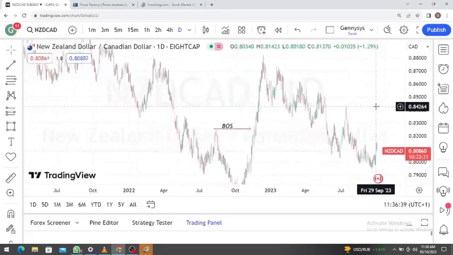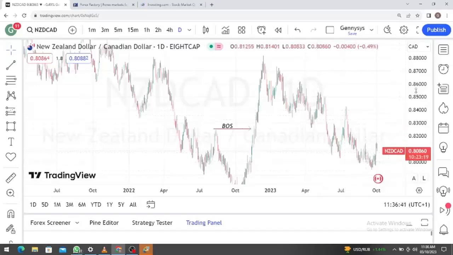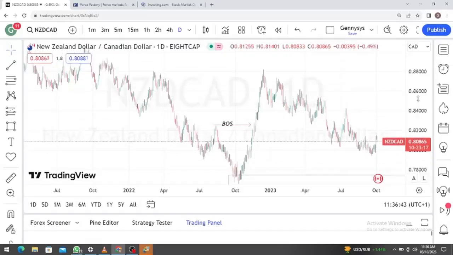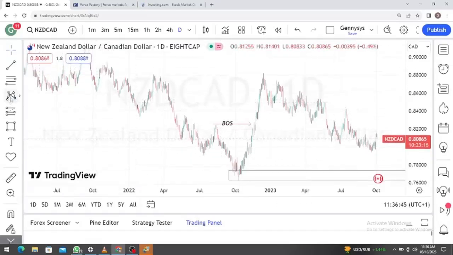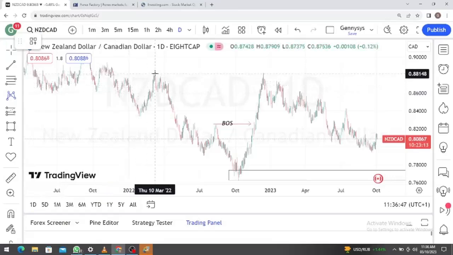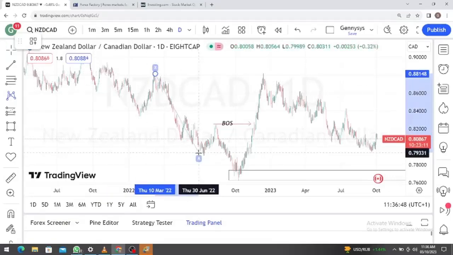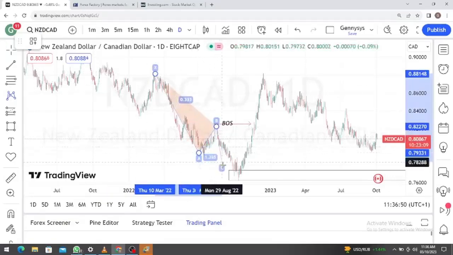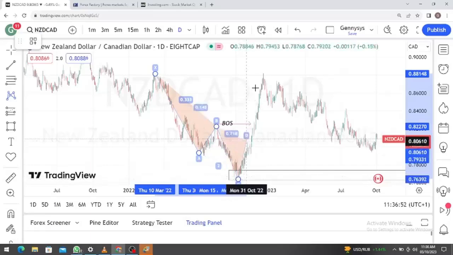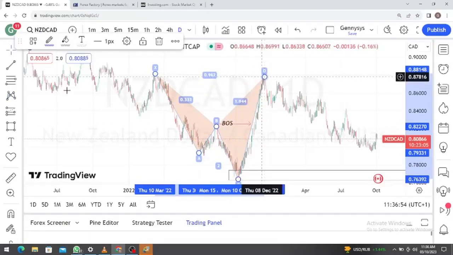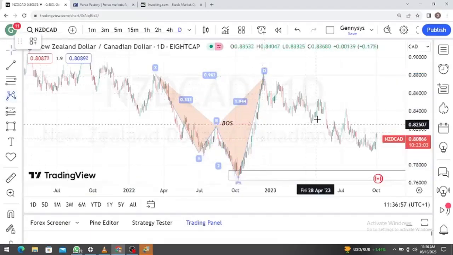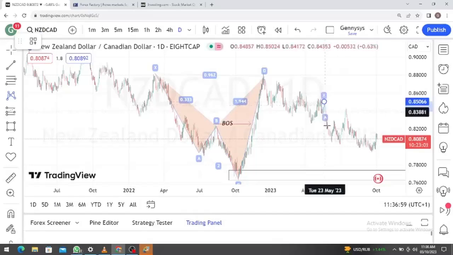I actually took a number of these trades because if anybody knows anything about harmonic patterns, you'll discover that there is a Gartley, it's a bearish Gartley harmonic pattern here, and there is also a bearish shark here.